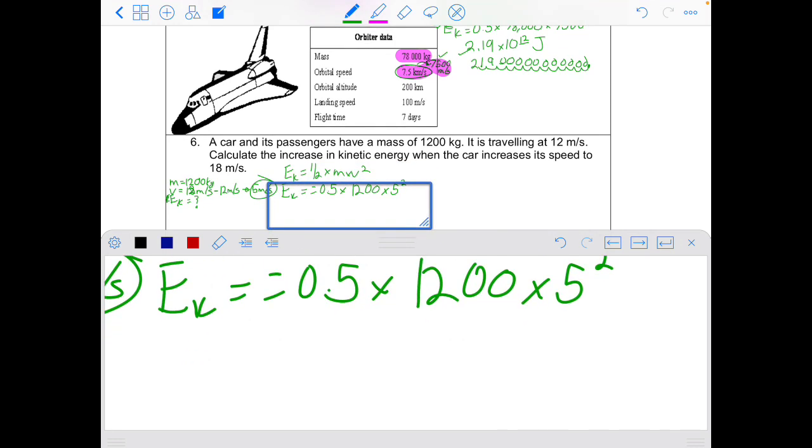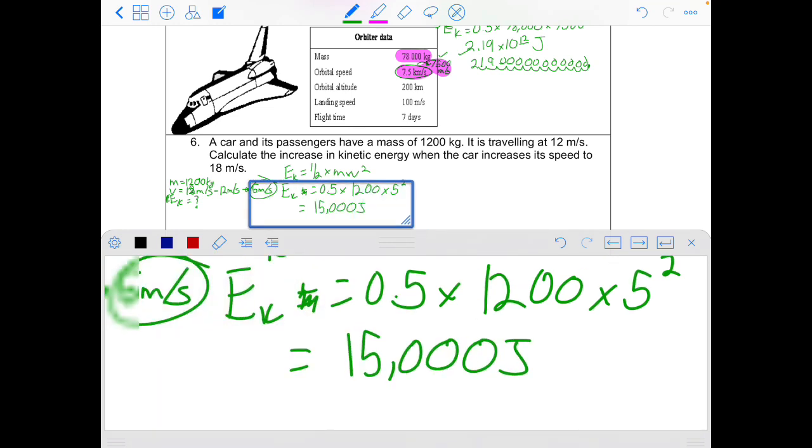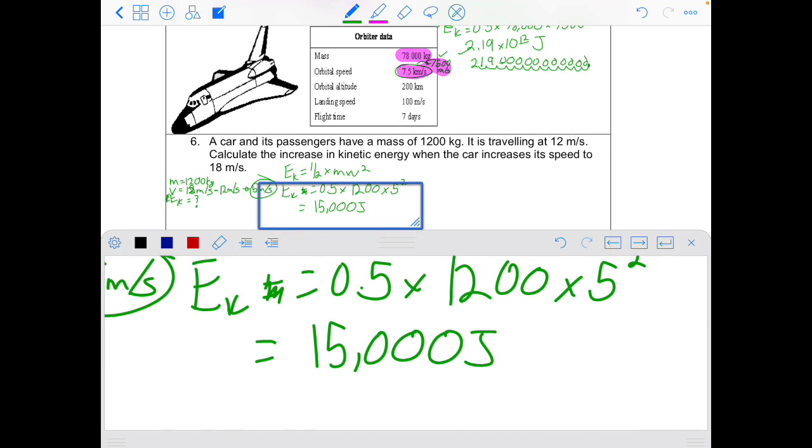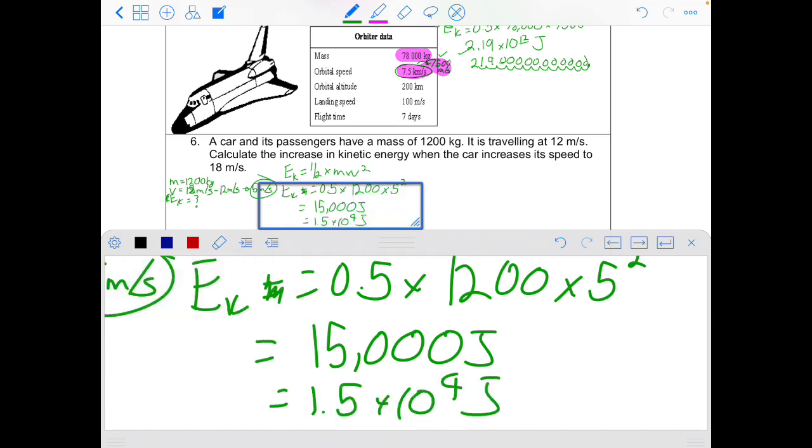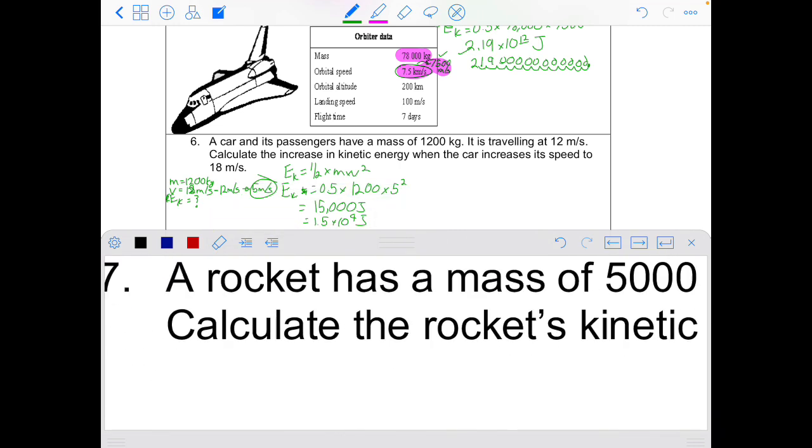Again, you plug that into your calculator and we end up with an answer of 1,500 joules. Looking at this, you could, if you wanted to, convert this to scientific notation of 1.5 times 10 to the 4 joules, but you don't need to, unless it asks for the answer in scientific notation.